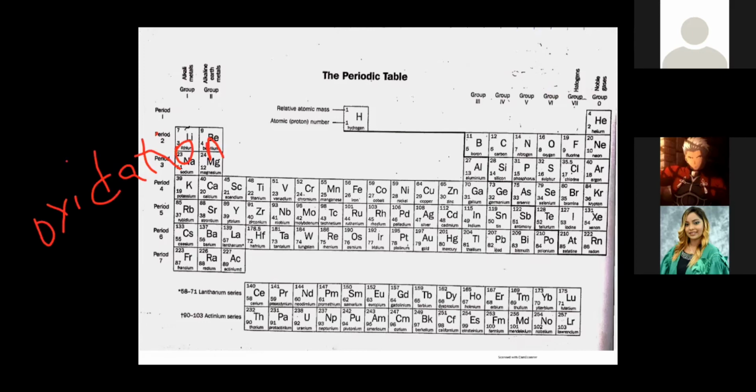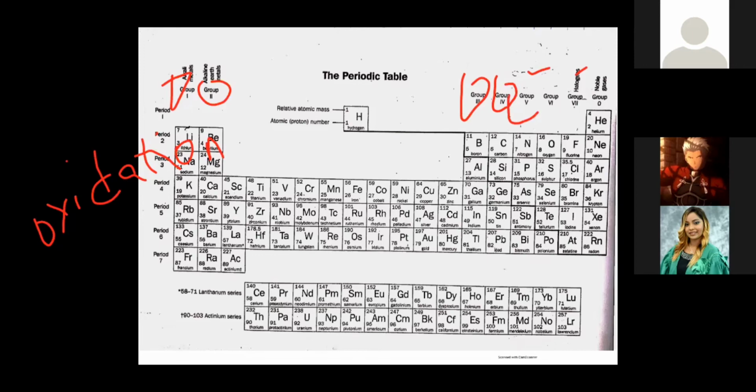Now, for the elements in groups 1, 2, 3, 4, the oxidation number is the same thing as the group number. But from group 5 up until 7, in order to find the oxidation number, you take the group number.